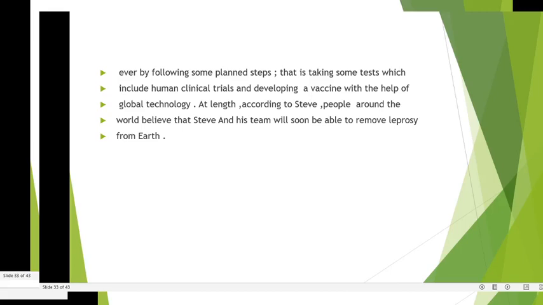And finally, we come to know about the hope of the world's people. All of them believe that Steve and his team will soon be able to remove leprosy from earth, and it is because of the global technology and the teamwork of Steve Reed.